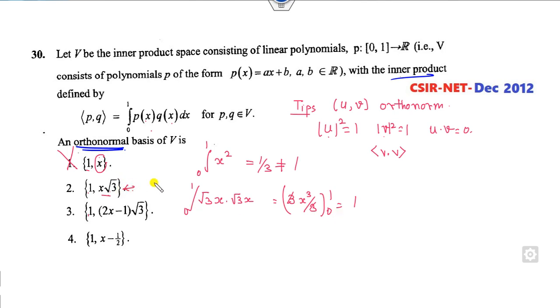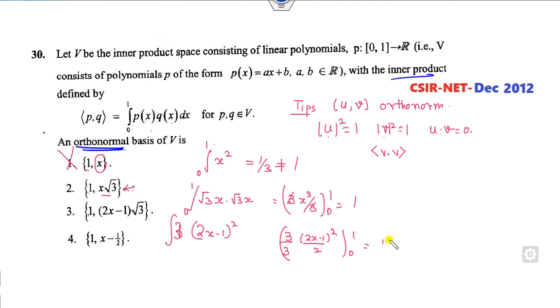It may satisfy. Now, third property, 2x minus 1. So 2x minus 1 square, root 3 into root 3 is 3. So if you integrate them, it will be 3 over 3, 2x minus 1 square over 2 from 0 to 1.